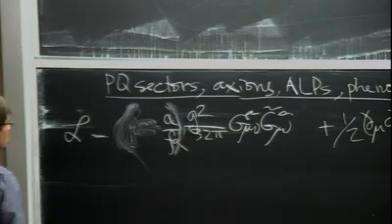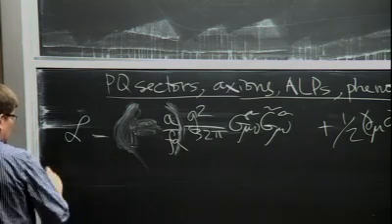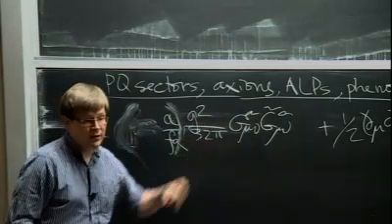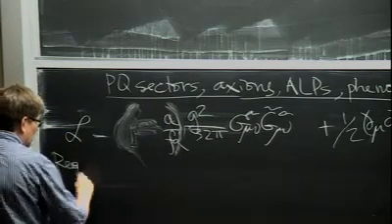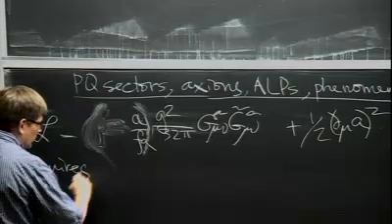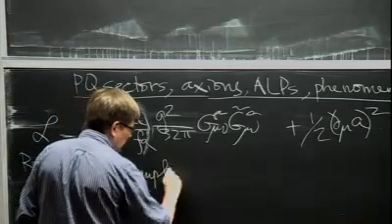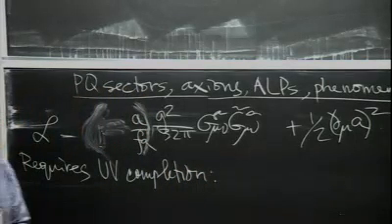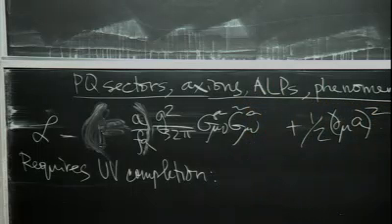Okay. So now we have argued that this theory is effective, obviously, because it's a dimension 5 operator, so it requires UV completion. What's important to understand about the UV completions?